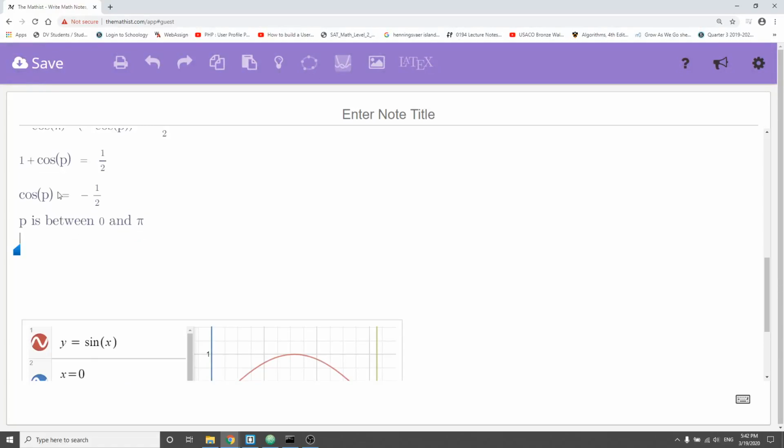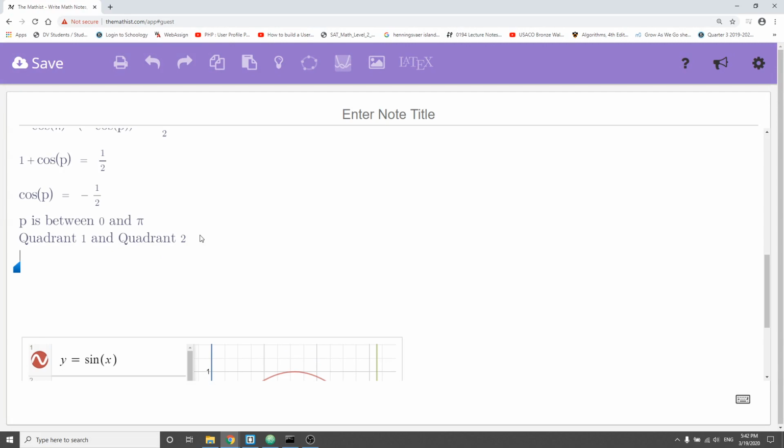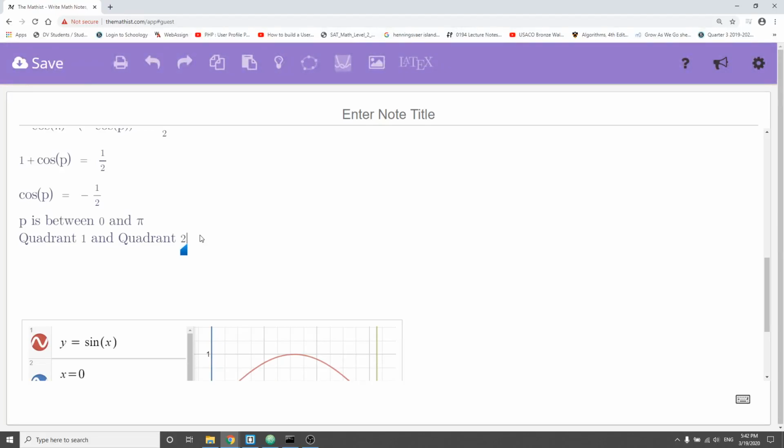And we can also see here that the cosine of p is negative. So if it's between 0 and pi, that's quadrant 1 and quadrant 2, right? If cosine is negative, we know that this has to be in quadrant 2, right? Because in quadrant 1, cosine, tangent, and sine are all positive. So we know that this has to be in quadrant 2, okay?